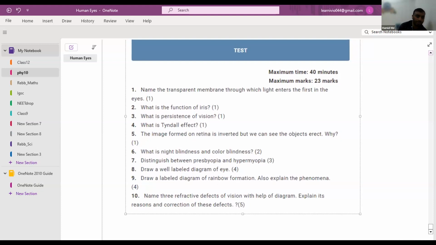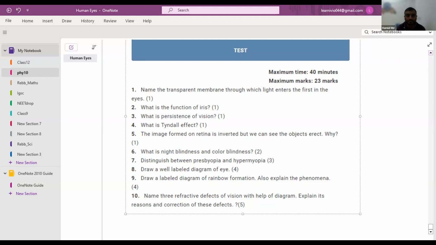Who will answer question number 1? Rizwan, the first question goes to you. What is the name of the transparent membrane through which the light enters?